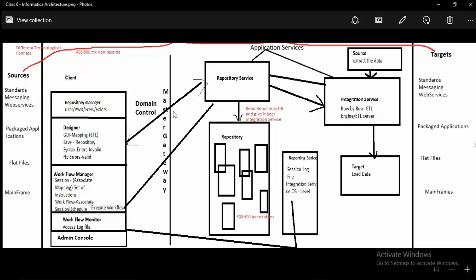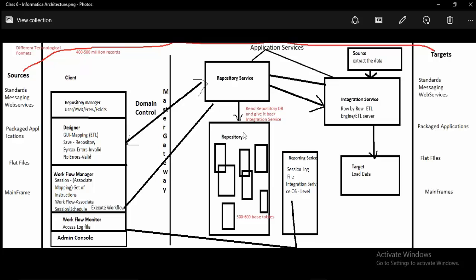What does Informatica majorly contain? It contains five major components: client component, repository service, integration service, reporting service, and repository. While I am explaining this architecture, you might feel it is very heavy.